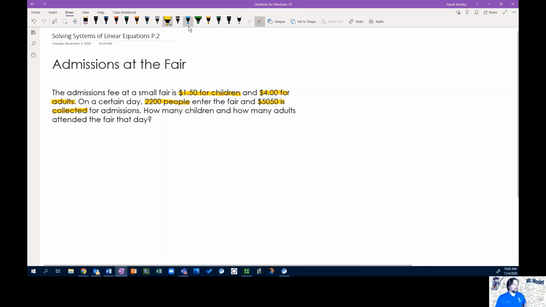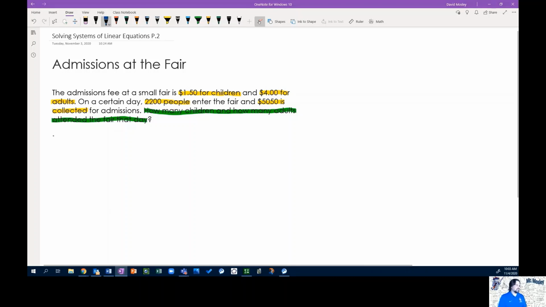All right, so in this scenario, the question we're ultimately trying to answer is the last thing here: how many children and how many adults attended the fair? So we're looking for two values, not just one. That gives us two different equations we can set up.